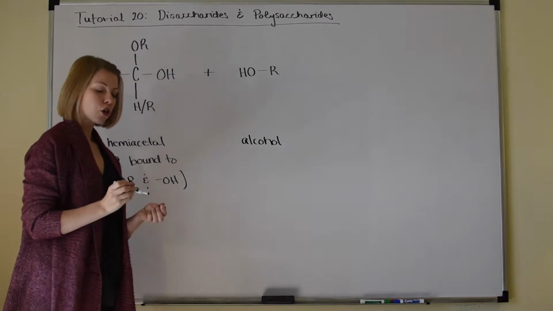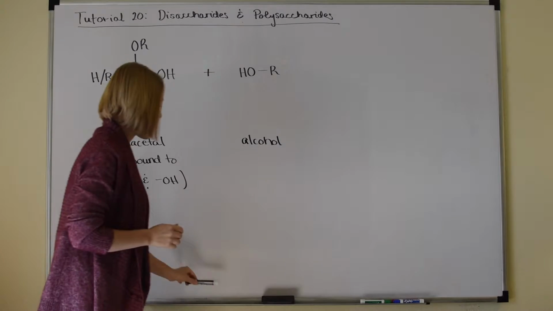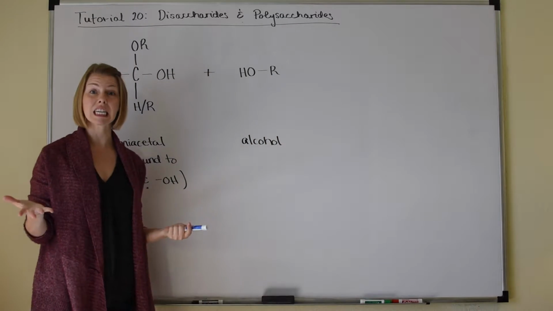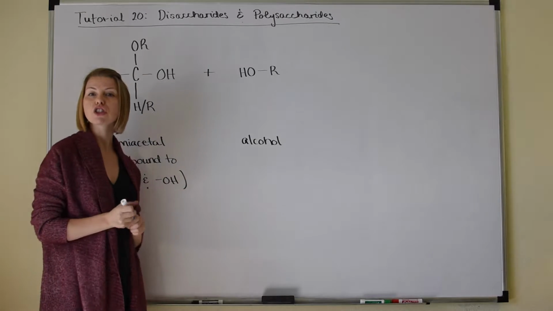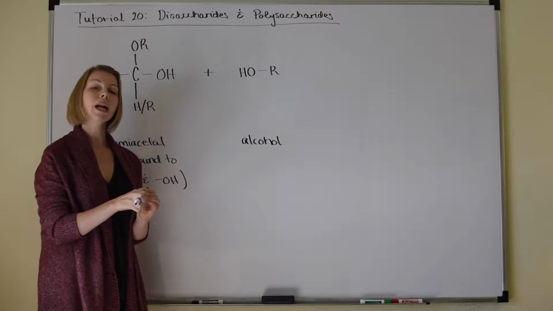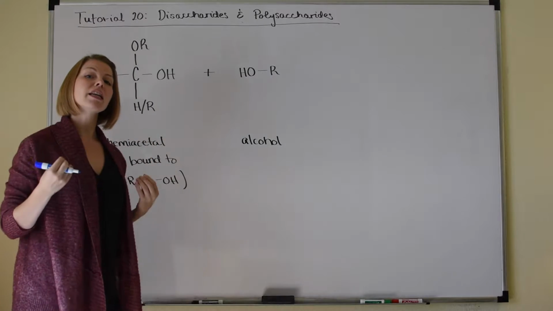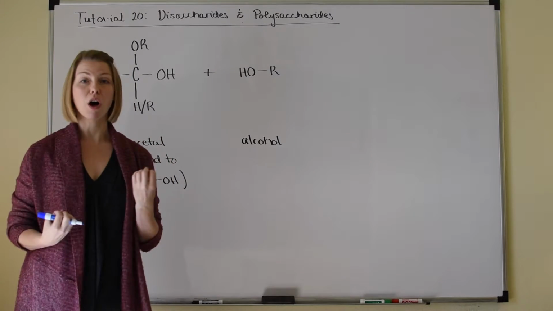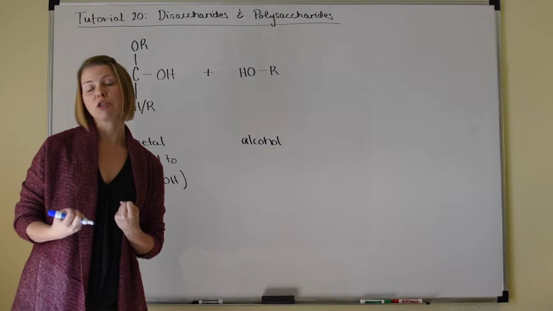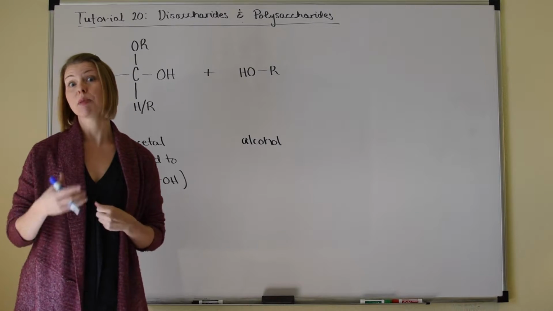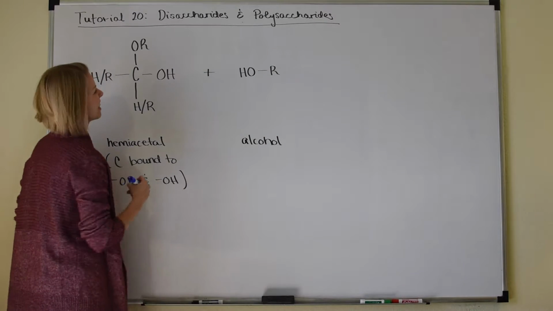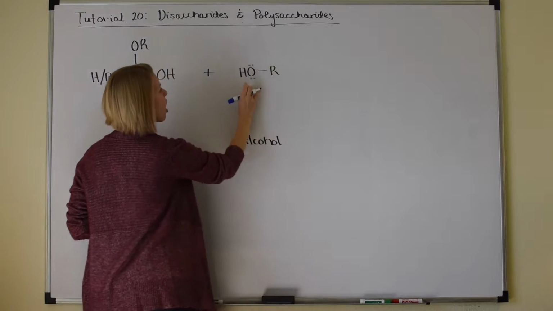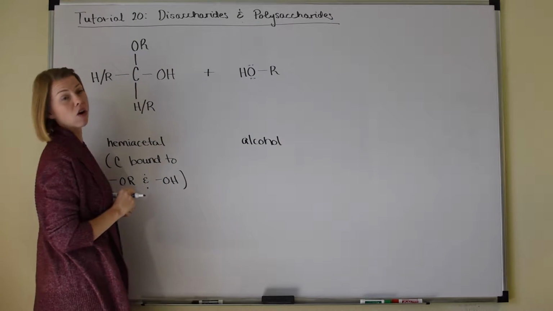And we are not going to show a mechanism here. However, if you're interested in a mechanism, you can look that up easily online or in an introductory organic chemistry book. What I am going to do is draw an arrow that I hope will help you understand what new bond is forming in this reaction. But again, it's not a mechanism. The mechanism is much more complicated. All right, so I'm going to go ahead and indicate my lone pair of electrons on this oxygen of the alcohol.